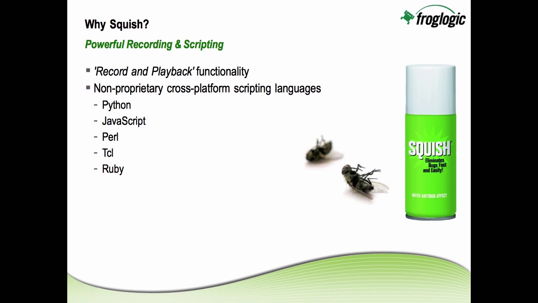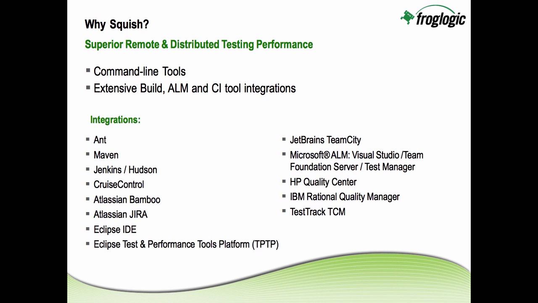We're not trying to limit you, but expand what you can do with your testing framework. We also provide record and playback functionality, and the scripting languages and the record and playback work hand in hand. When it comes to executing tests and distributing your testing across your testing framework, you're going to have the option to work with our different command line tools as well as the extensive set of integrations that we provide.